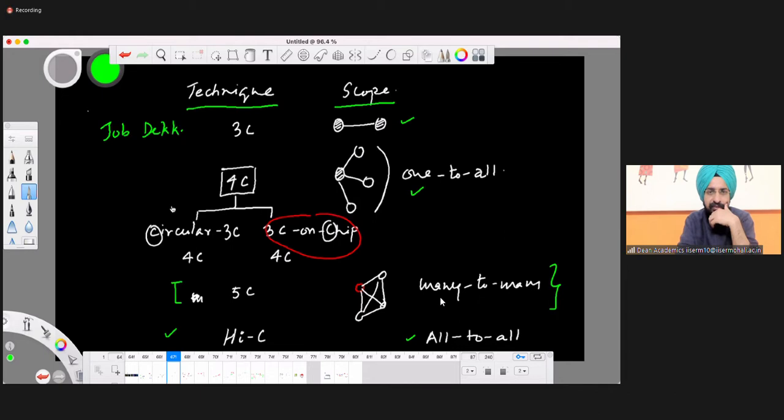Basically, he did it single-handedly, and then a whole industry of techniques followed. 4C was also done. And there was another paper by Wouter de Laat from the Netherlands.